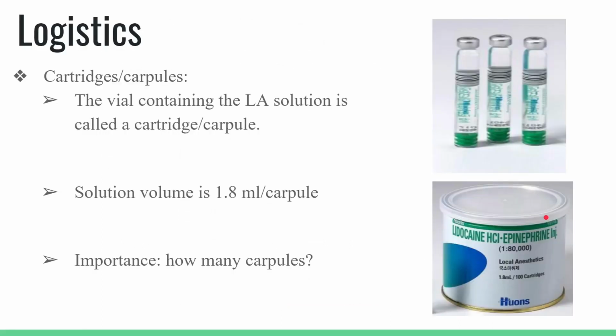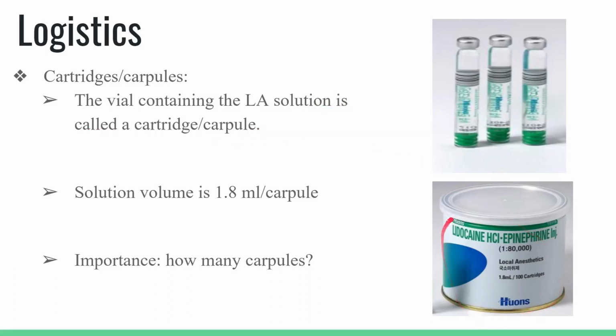So let's talk about some logistics of local anesthetics. First of all, in the clinic, in the hospital, you're going to see local anesthetics stored in these very small vials. Okay? They are about the size of a finger. Each one of these is called a cartridge or a carpule. These are the vials containing the local anesthetic solution, and they are called cartridges or carpules.